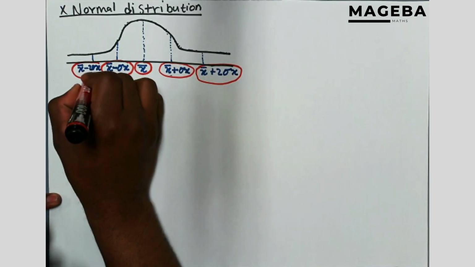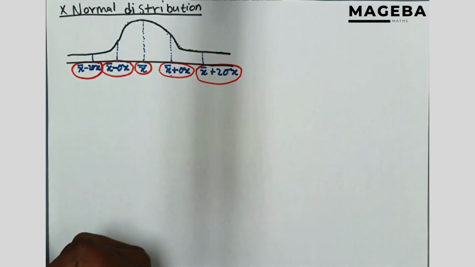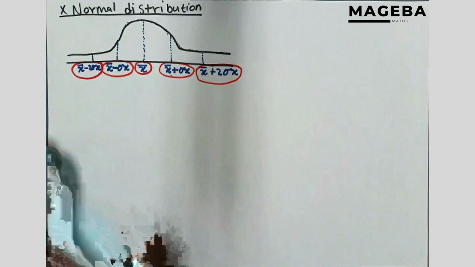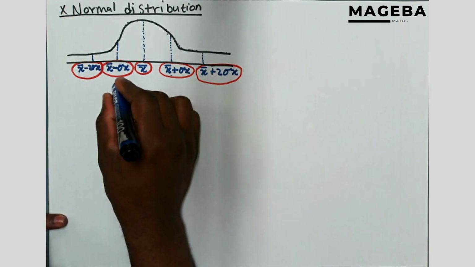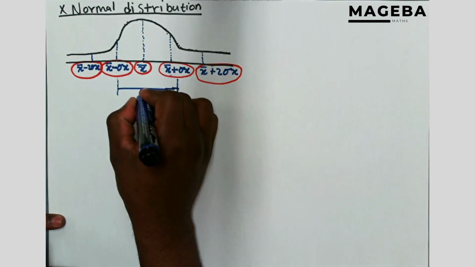This is my normal distribution. Now from here to here, I'm just going to say roughly 68%.